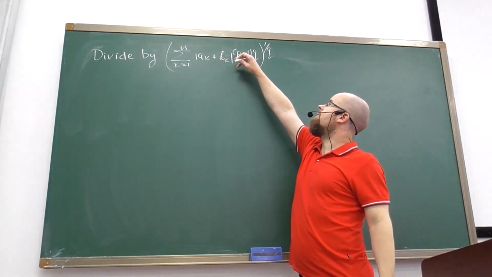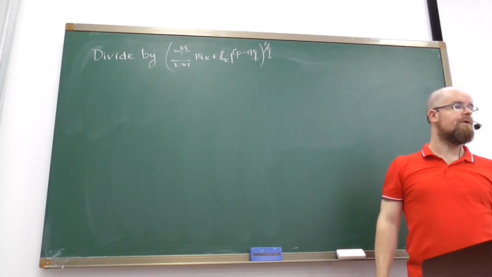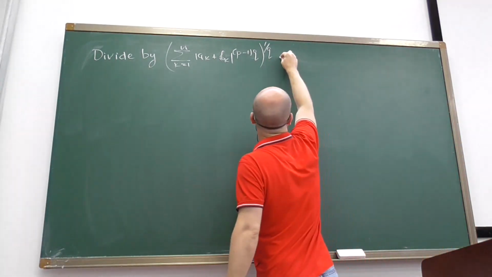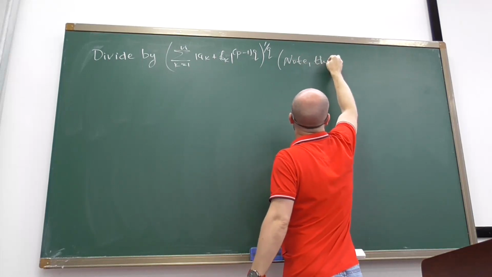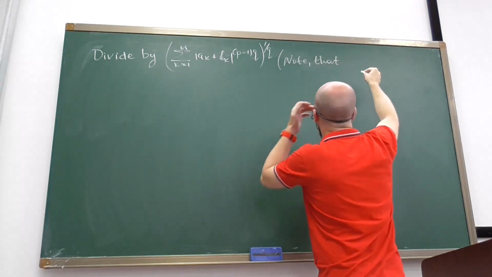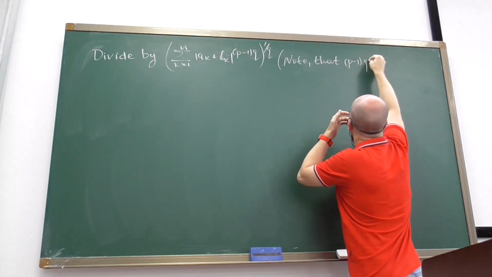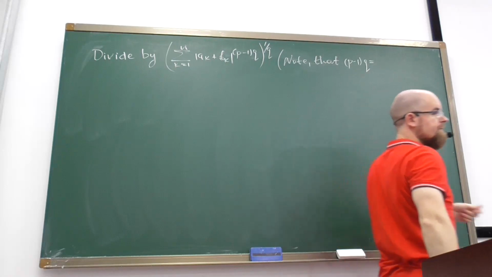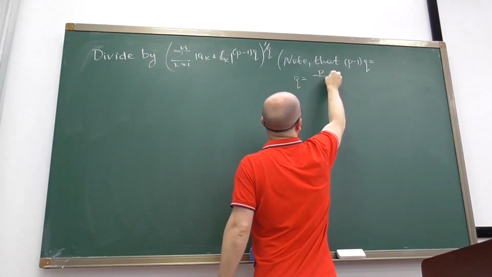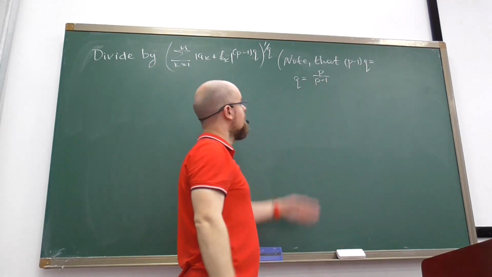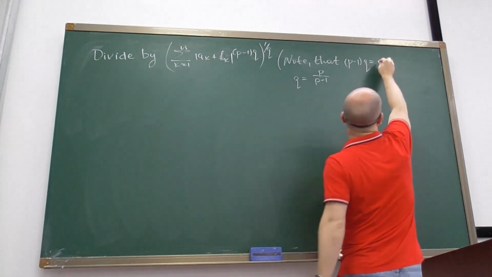By the way, over here we have (p minus 1) times q, but what is it? We know that q is p over p minus 1. So (p minus 1) times q is then just p.